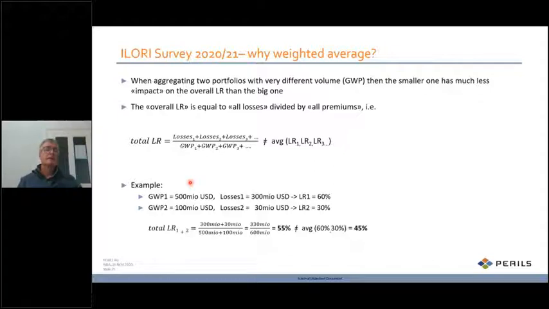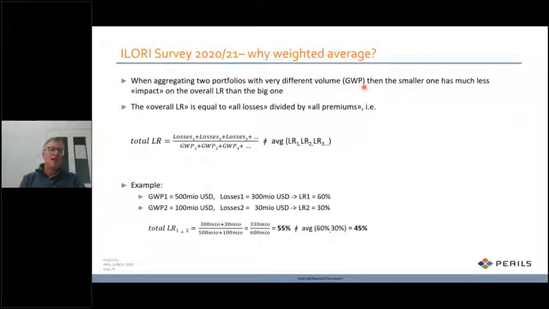When we aggregate portfolios of two very different volumes, for example a company with a big engineering portfolio and another company which writes engineering perhaps only as a sideline, it wouldn't be appropriate to calculate the simple average of such two loss ratios.